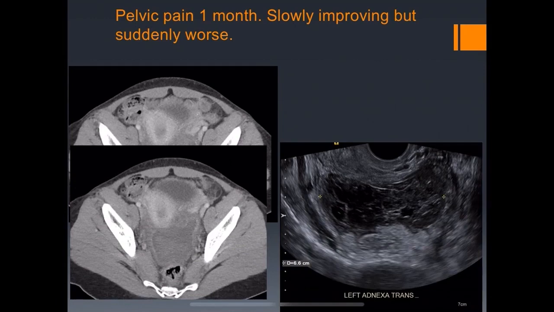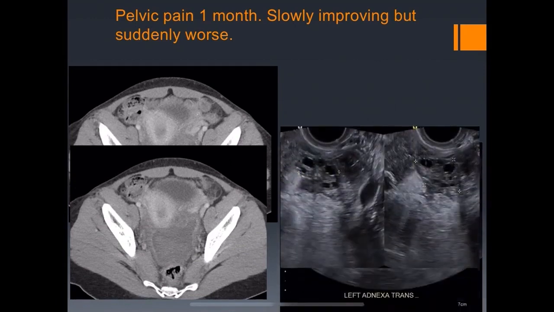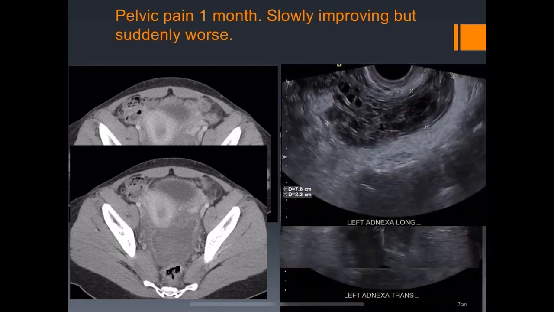This is what it looked like on ultrasound. Again, not your typical torsed ovary. The tech was, though, astute enough to see what she thought could be a separate left ovary. But since we couldn't 100% be sure, we just put it as concern for torsed ovary, given that this is the overall appearance.